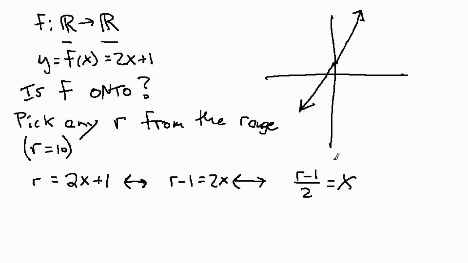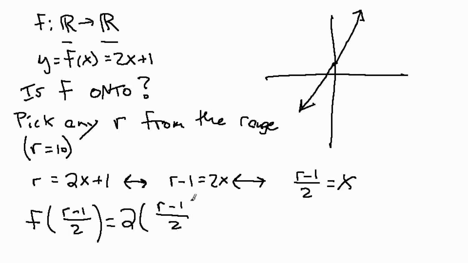Okay, remember, this is a real number. A real number minus 1 is a real number. A real number minus 1 all divided by 2 is a real number. So if I look at f of r minus 1 over 2, according to our definition over here, that's going to equal 2 times r minus 1 over 2 plus 1.